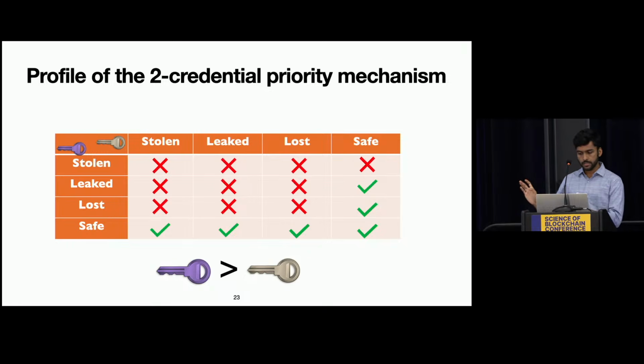If we look at the scenarios in the rightmost column, especially the scenarios where the highest priority credential, purple, is lost or leaked, even then it's fine, because in both lost and leaked, either both parties don't have access to the high priority purple credential or both parties do have access to it, and therefore it doesn't matter. And as long as the silver credential is safe, we're good.